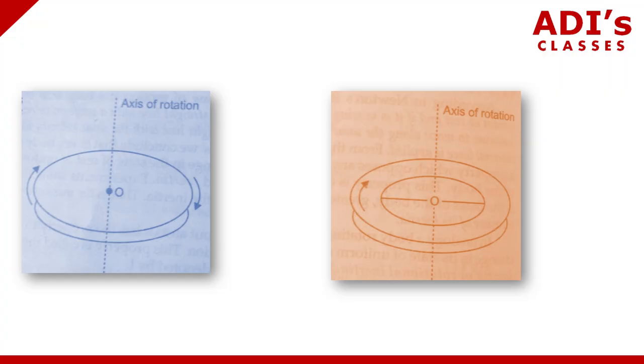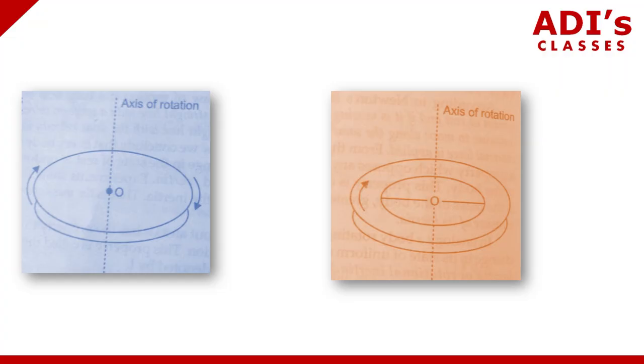Now what changes is how the mass is distributed about the axis. For the first one, since the mass is uniformly distributed, if you take different values of r and sum up all of them, we get the moment of inertia.